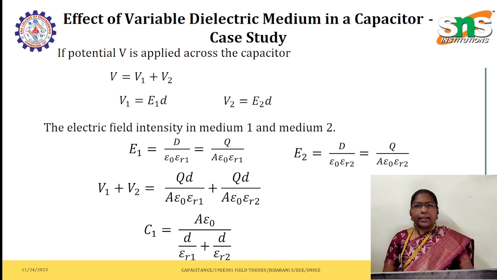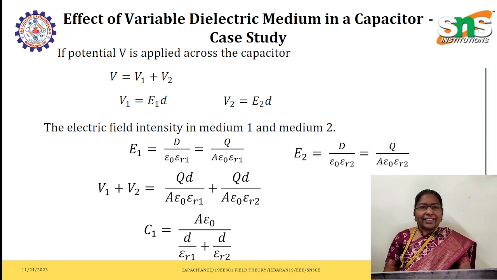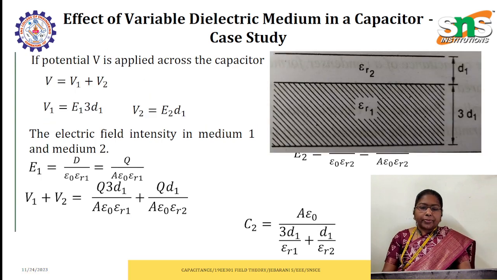And when you calculate the value of capacitance C1 for this case, the numerator is going to be A into epsilon naught. And the denominator is going to be the ratios of thickness to the relative permittivity. So the ratio of thickness to relative permittivity is a factor which decides the value of capacitance.